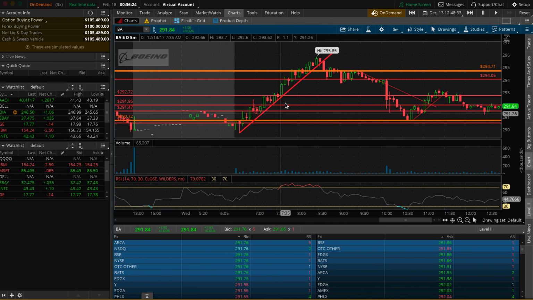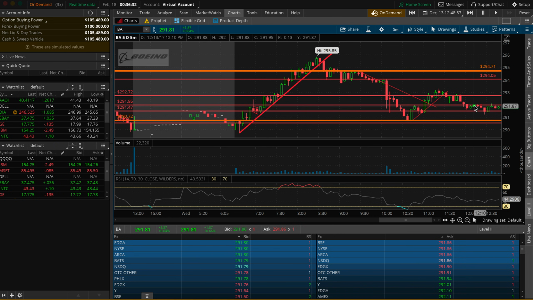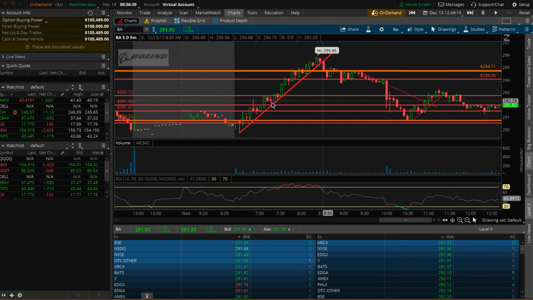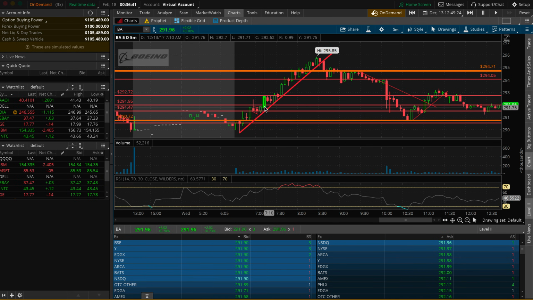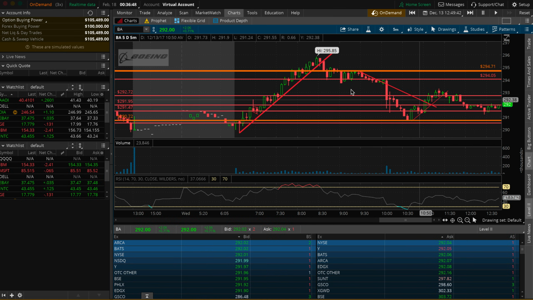And once I put in these support and resistance lines, I didn't have to change them. And if you could see, there's 10 minutes left in the day, and these support and resistance lines are still working. The ones I put here, they're still working. So that's the idea of how you use price action.